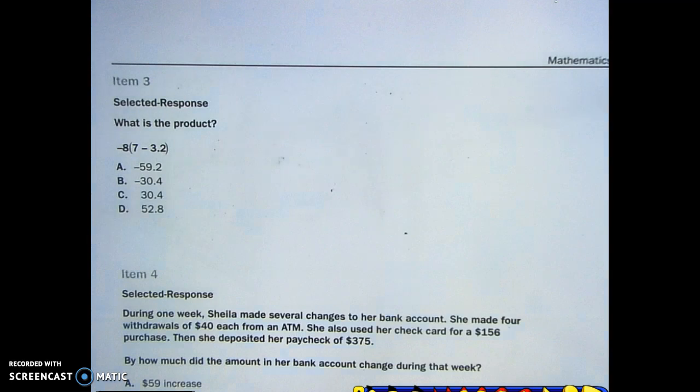So the first thing I'm going to do is solve what's on the inside of my parentheses. 7 minus 3.2 is 3.8. -8 times positive 3.8. A negative times a positive is a negative, so I can eliminate C and D. -8 times 3.8 is a negative 30.4. It is B.